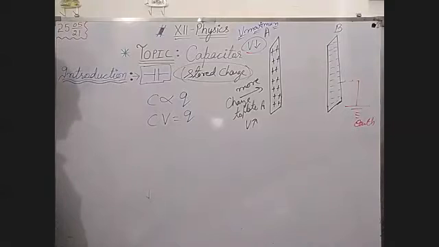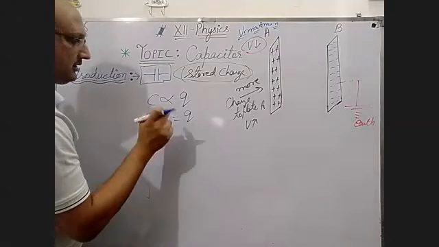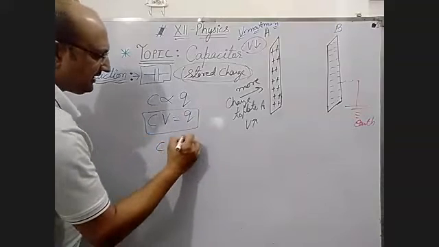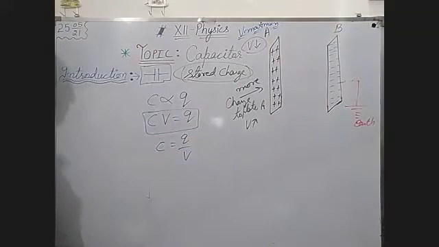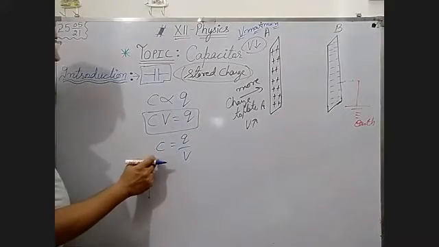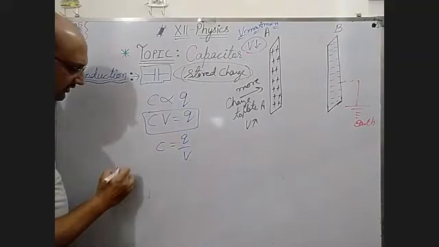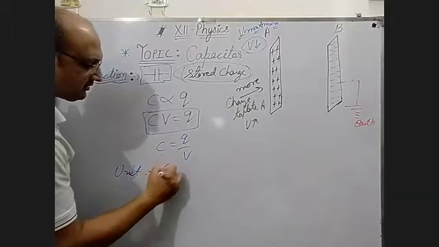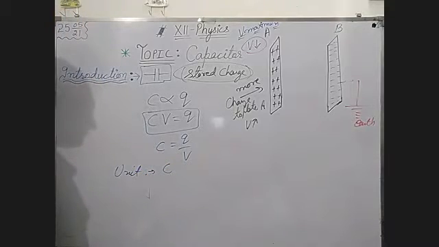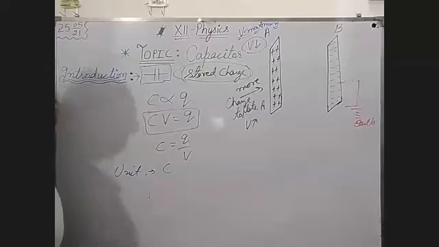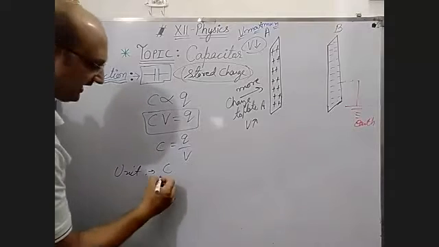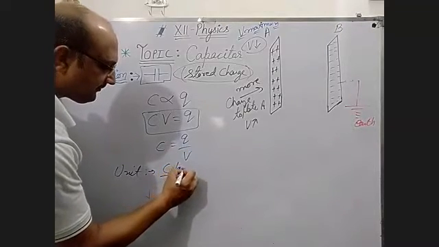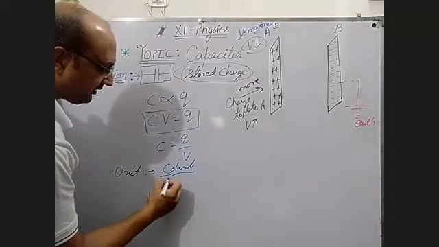CV is equal to Q. From there, C can be written as Q by V. Now C has formula Q by V. The unit of capacitance is, Q is charge, V is potential, means Q is denoted by Coulomb, and this is volt.